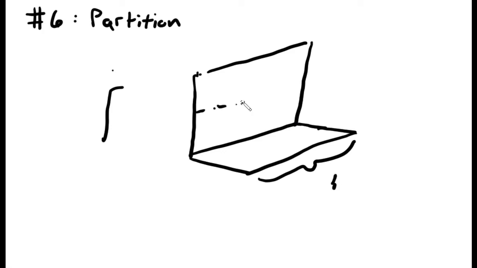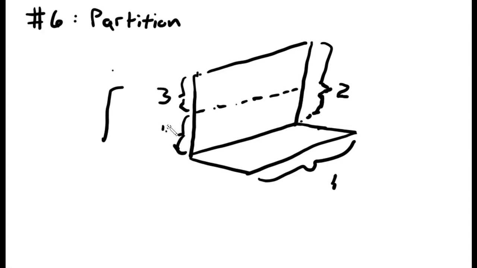And we're going to split this into 2. We're going to call the whole entire upper surface surface 2. And we're going to call each of these individual surfaces 3 and 4.